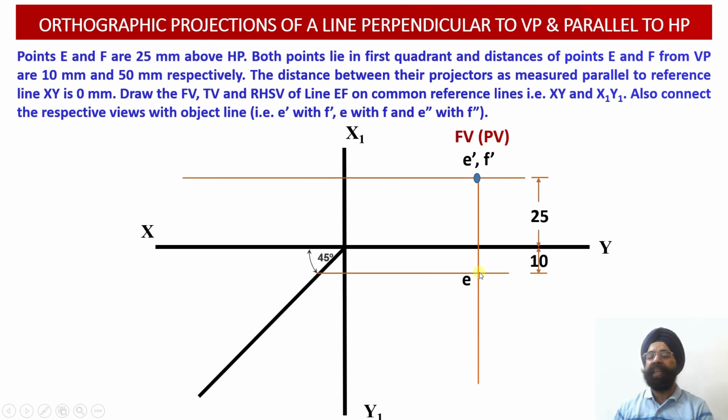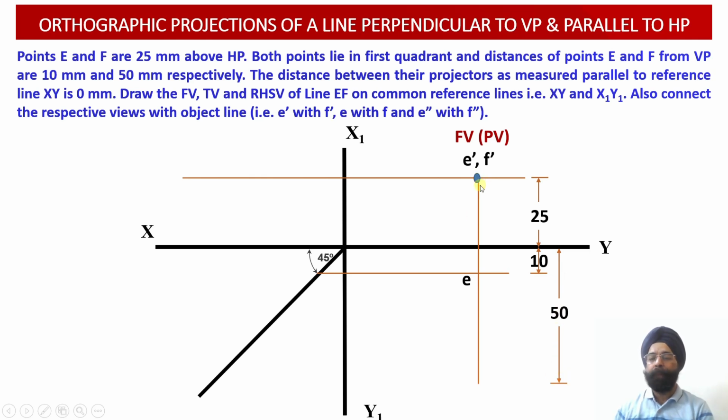So we will be getting the top view projection of the point E drawn onto the horizontal plane 10 millimeter below the XY reference line. Similarly, we also know that the projection of point F will be obtained onto the horizontal plane 50 millimeter in front of the vertical plane.